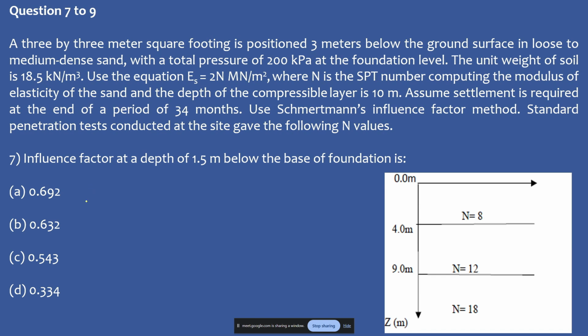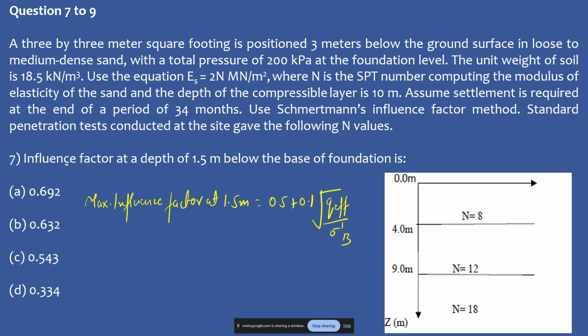The maximum influence factor at 1.5 meter is given by the formula: 0.5 plus 0.1 times the square root of Q effective by sigma dash b.